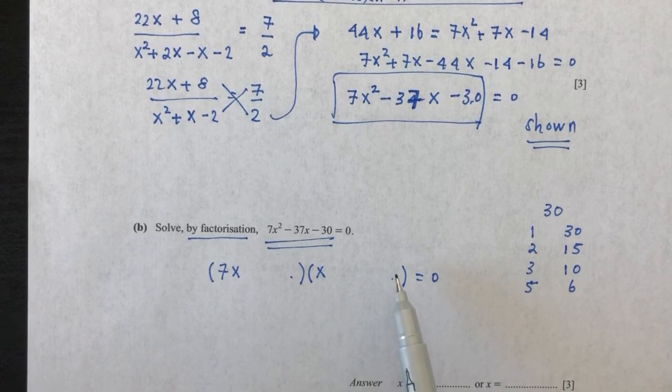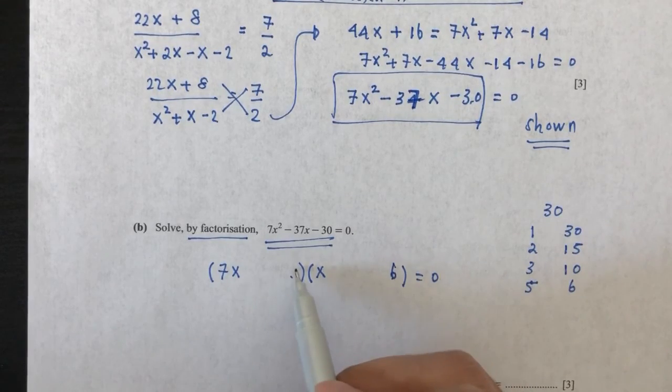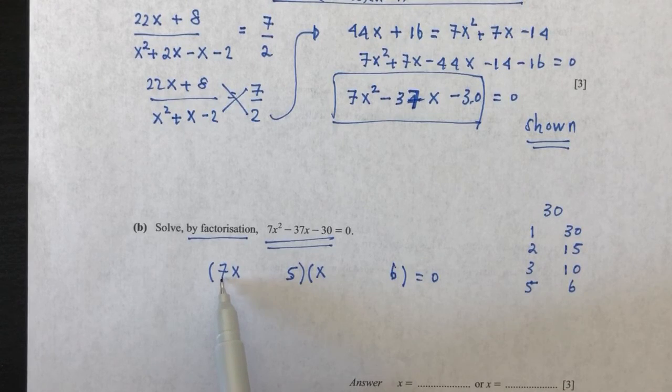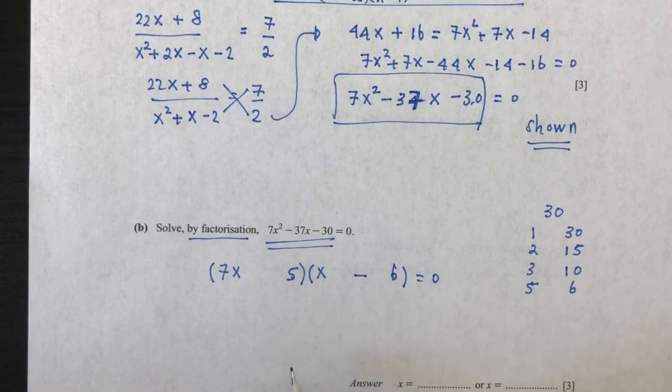We can take 6 on this side and 5 on this side. So here we have 7 times 6, which is 42, minus 42 plus 5x will be minus 37x. Right, so this will be the factorization of this equation.